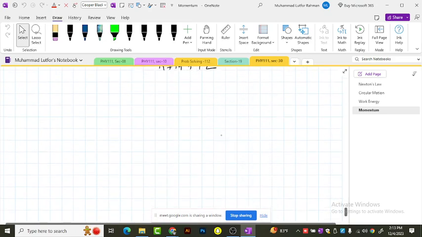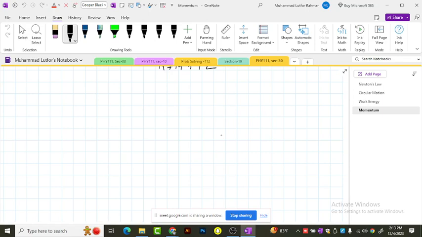Alright, so let's start today's topics. We say that for the linear momentum of a system, it can be said that F net should be del P divided by del T, right?